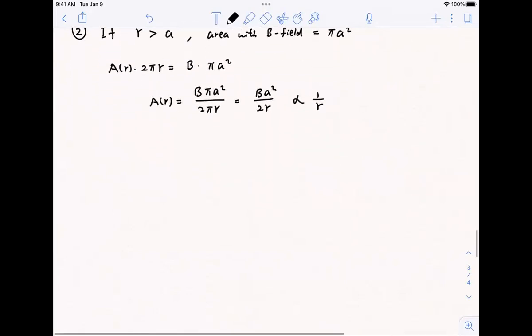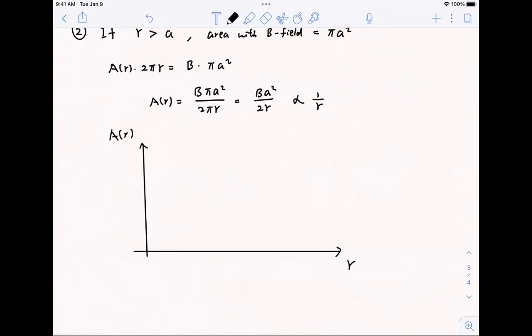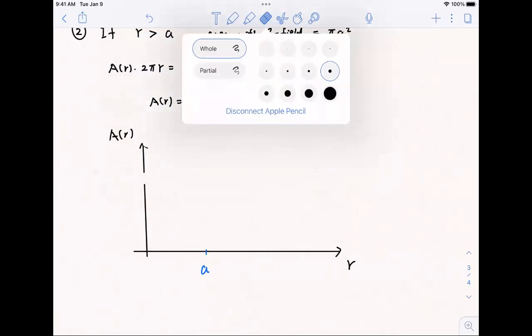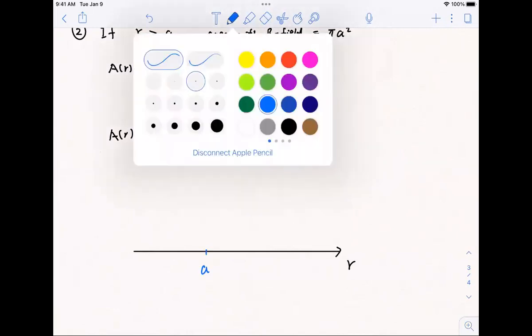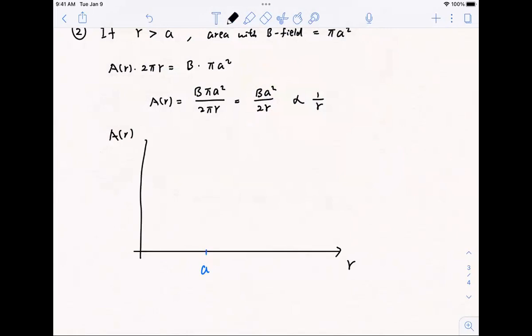So if you plot the A(R) as a function of R, this is a. It will first increase like this, increase to here.